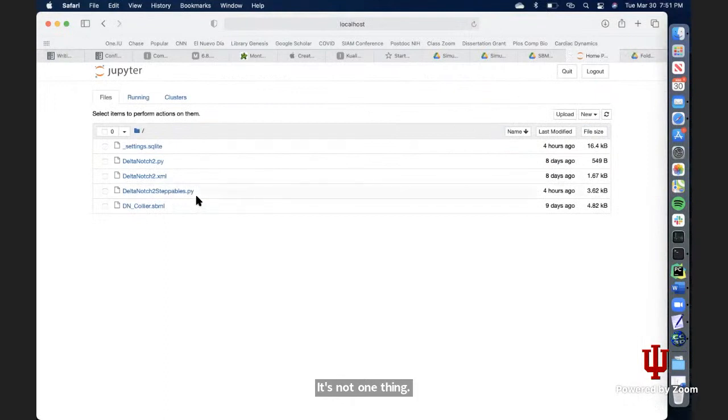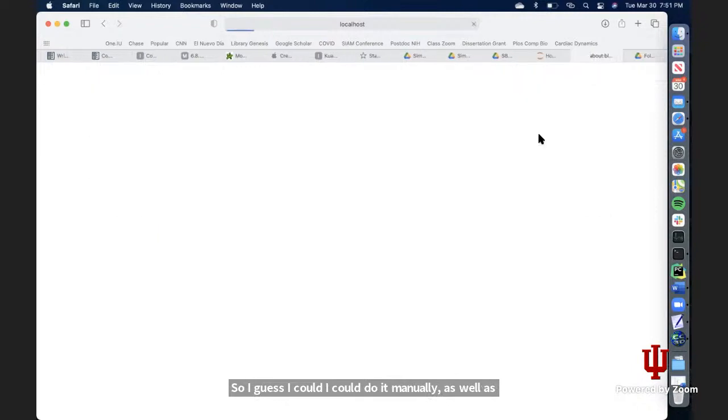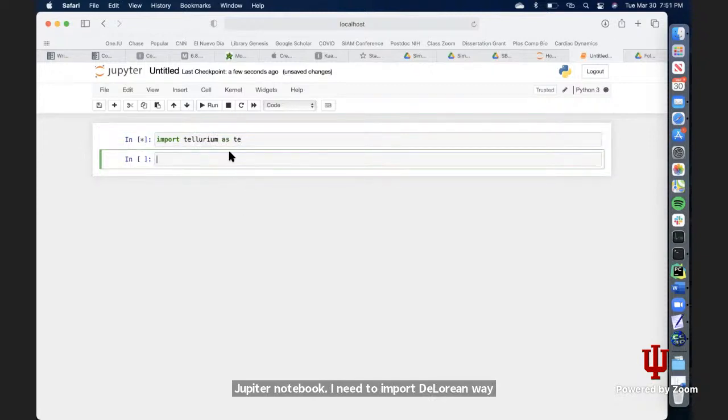So I guess I could do it manually as well. It's not too complicated. All I need in the Jupyter notebook is to import Tellurium, a package that allows me to load and run and execute Antimony models.